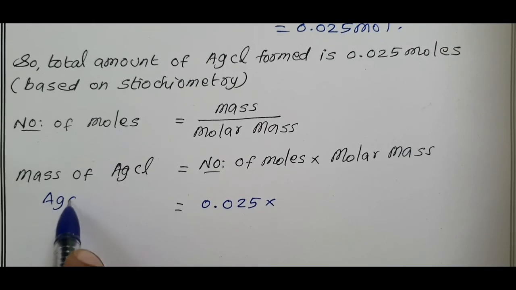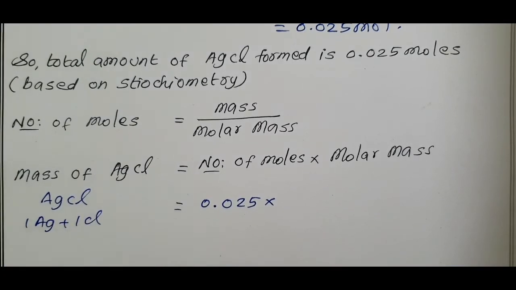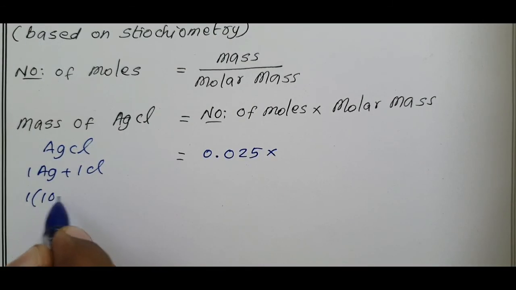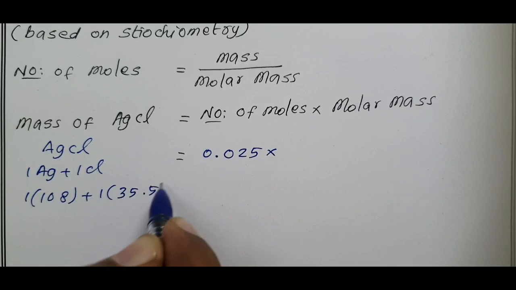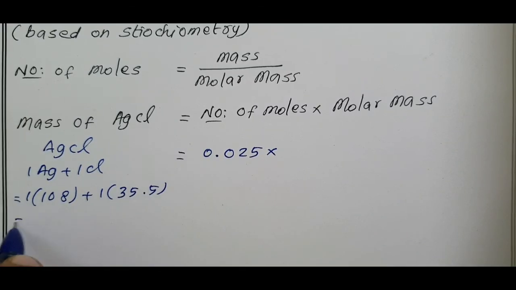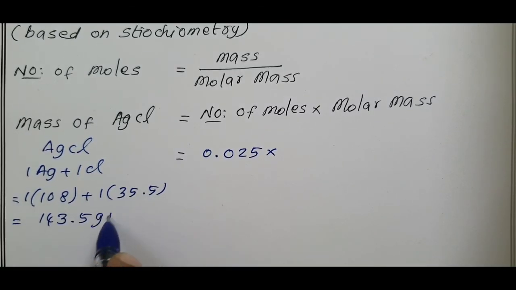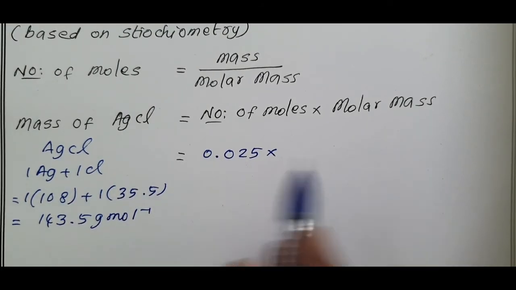Silver chloride AgCl contains 1 silver and 1 chlorine. Silver atomic mass 108 plus chlorine 35.5, that is equal to 143.5 gram mole power minus 1, the molar mass of silver chloride.